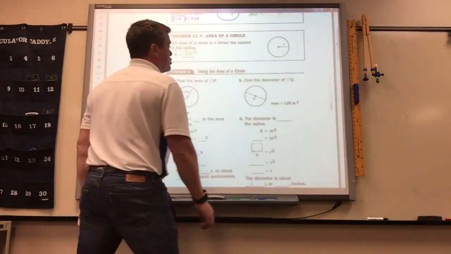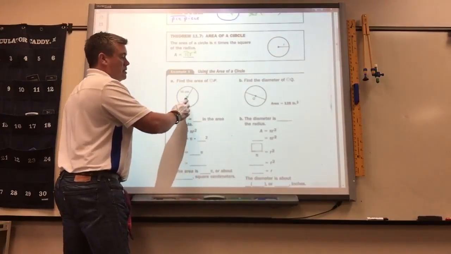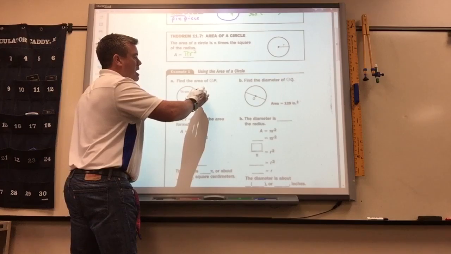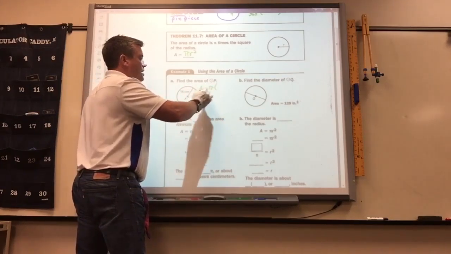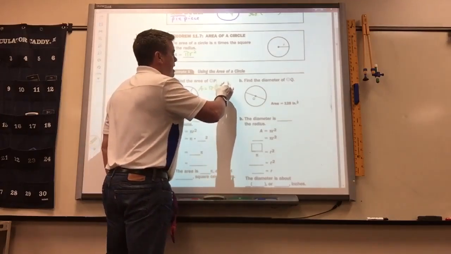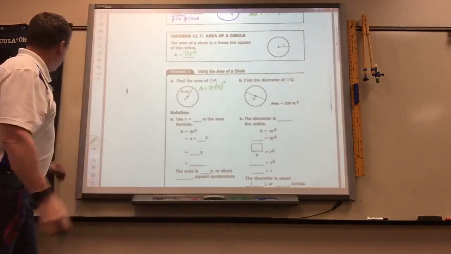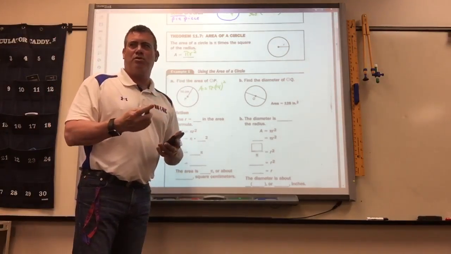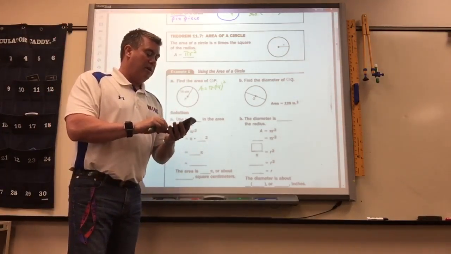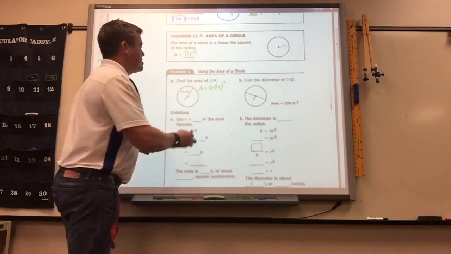So, some of it is just finding area. Area is just pi times the radius squared. Now, I didn't point that out yesterday. There was one that said leave in terms of pi, and there's going to be a few more of those coming up. So if they say to leave this in terms of pi, you just figure that out.